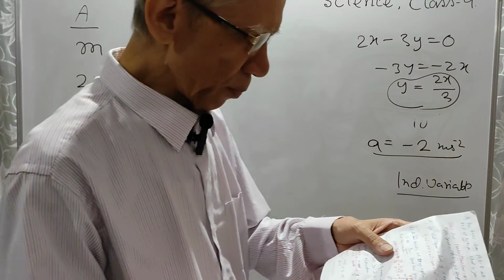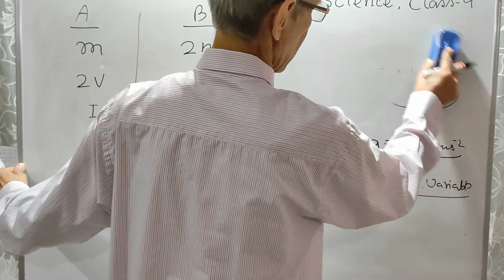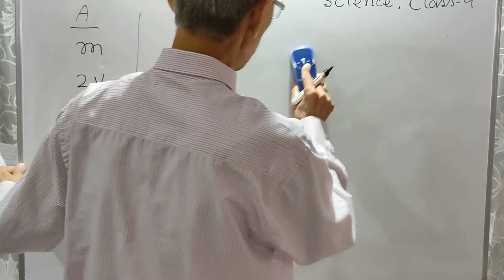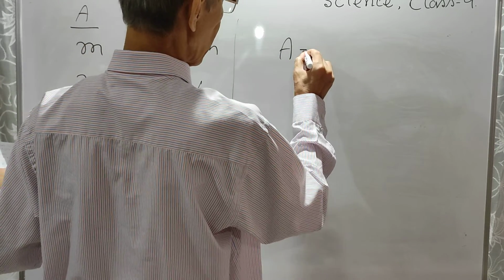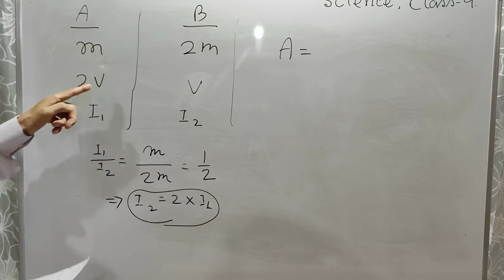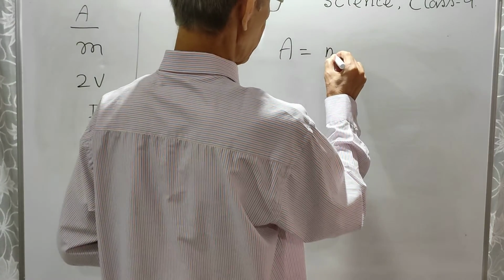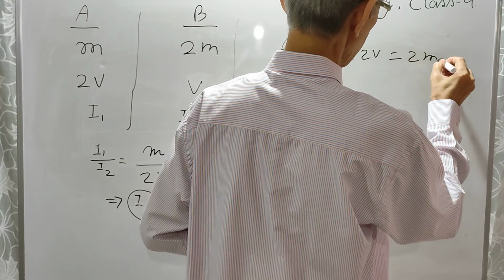Now next, compare the momentum. What is the momentum of A? Momentum is mass into velocity. That means m into twice v, so momentum of A is twice mv.